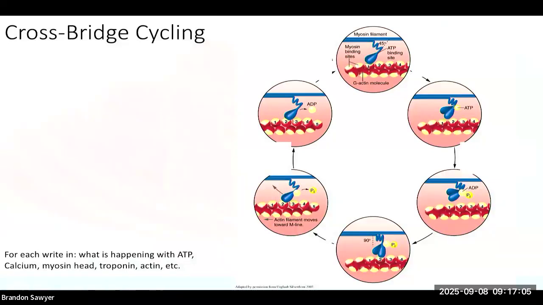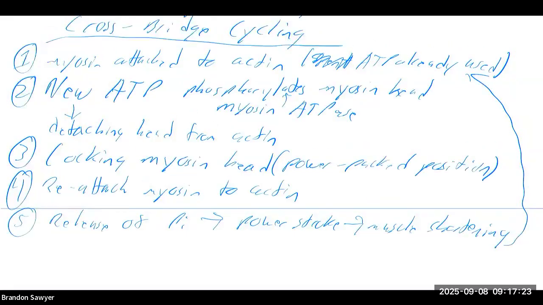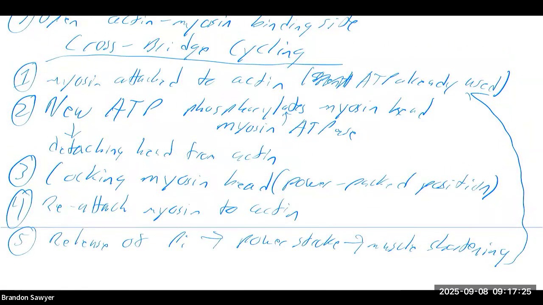All right, guys, let's go ahead and come back together here. Okay, so where did we start when I was writing it out? What did you guys say? Did anybody try to do that? Where was the starting point? I said the myosin head attached to actin, the ATP is already used.